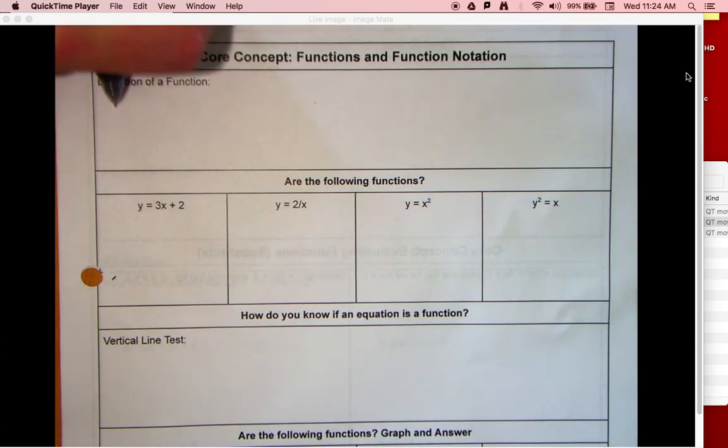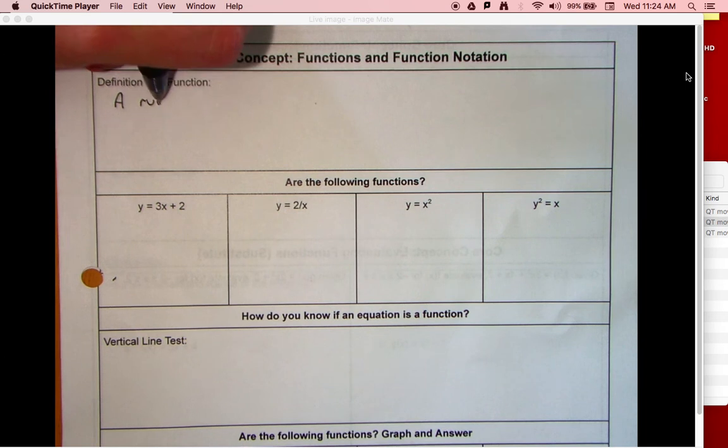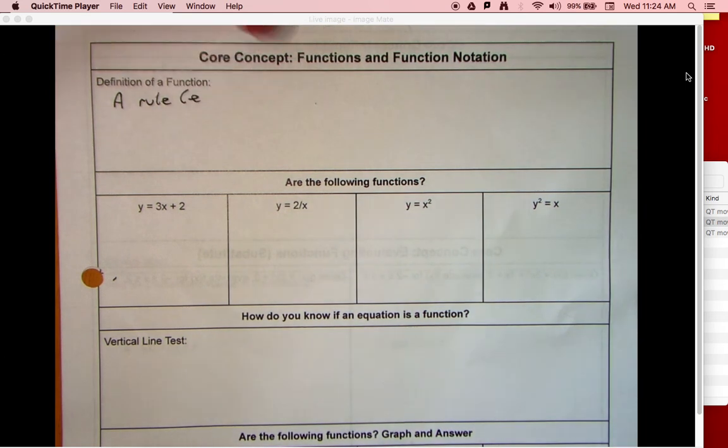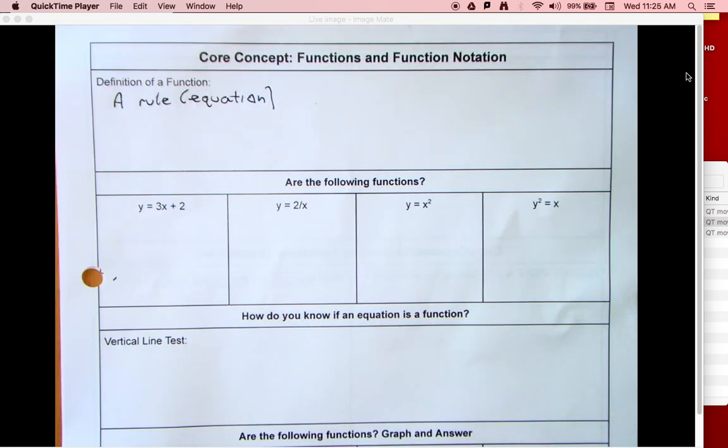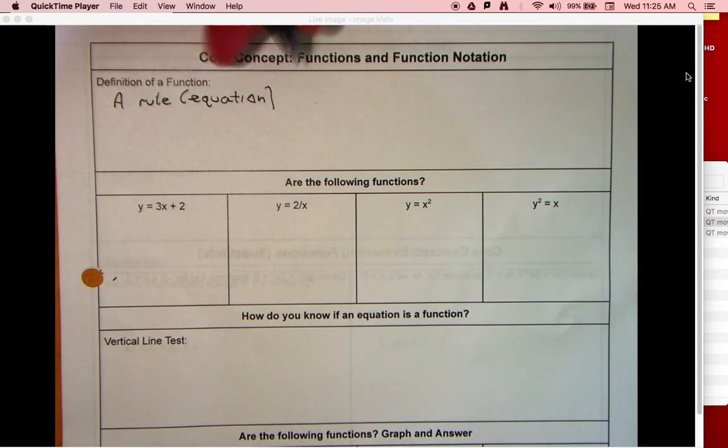So what do we got? We got a function is a rule, and remember, anytime when we're talking about a rule in math, essentially we're talking about an equation. Not always, but in Algebra 2, a rule, equation, I'll use those two words synonymously. And what does it do?